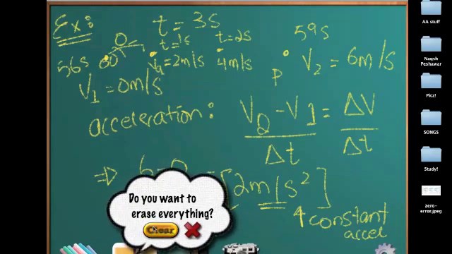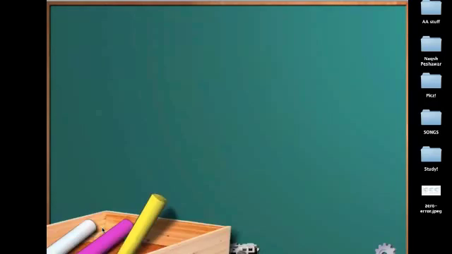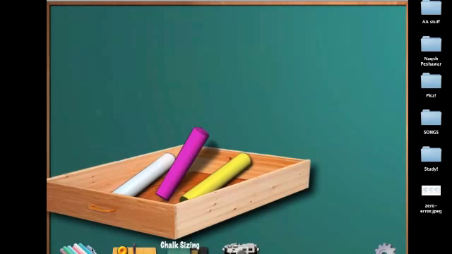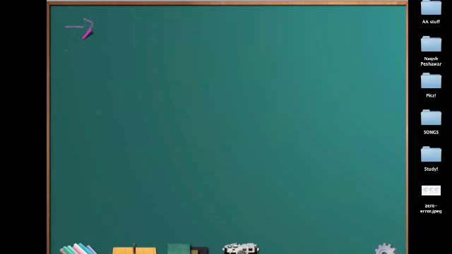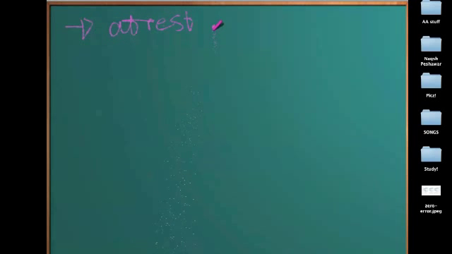So I'm pretty sure you would have understood the concept behind acceleration. Always remember, when a car is at rest, it's at 0 velocity and it's standing there for like 10 seconds. Obviously, in that case, acceleration is 0. The second case in which the acceleration is 0 is when a car has a constant velocity.